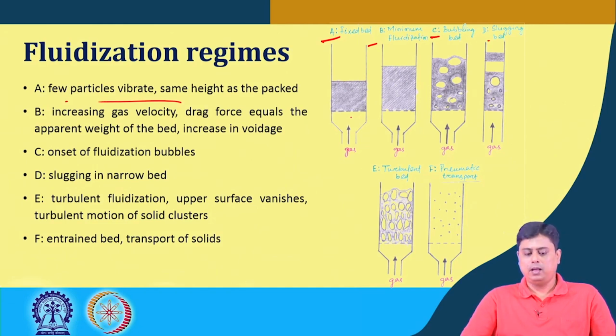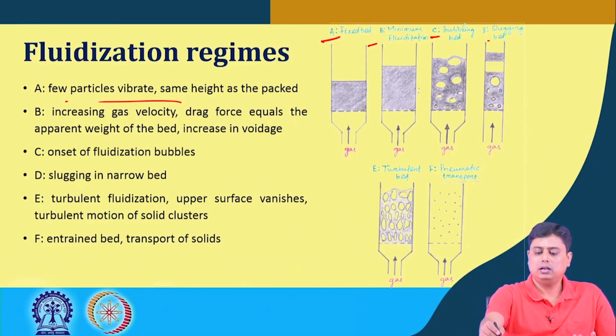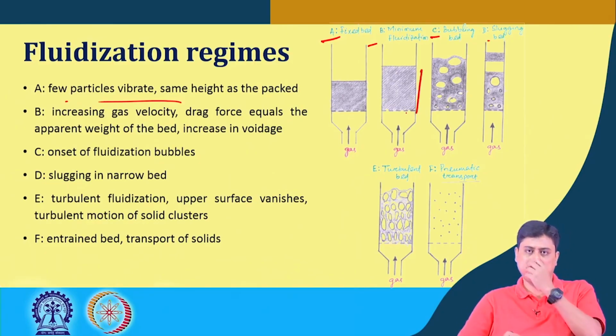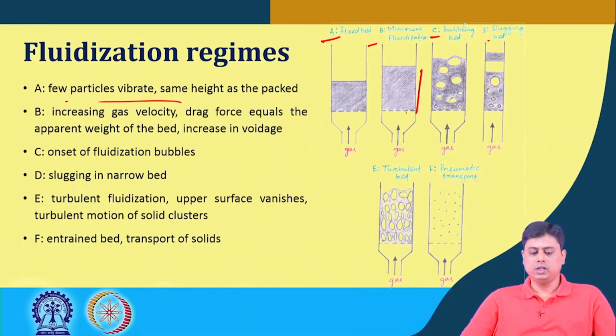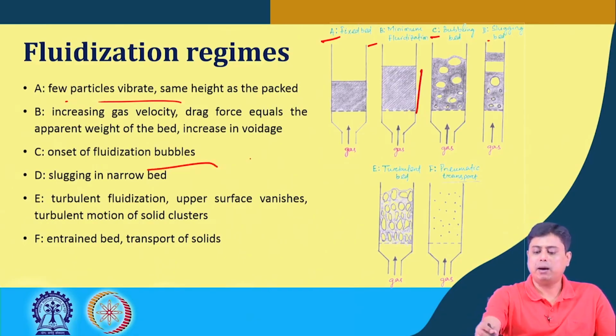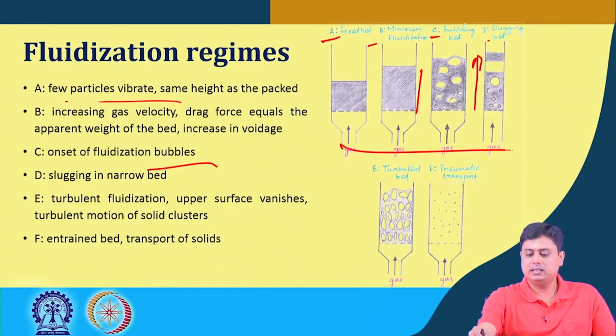As you further increase the gas velocity, the drag force becomes equal to the apparent weight of the bed, and it increases the bed voidage. If you further increase the gas velocity, the onset of bubbling will take place. So this is the increasing gas velocity condition.